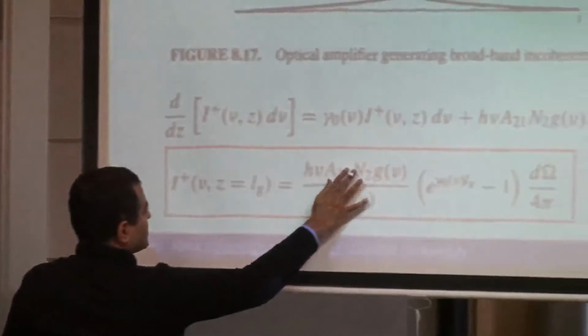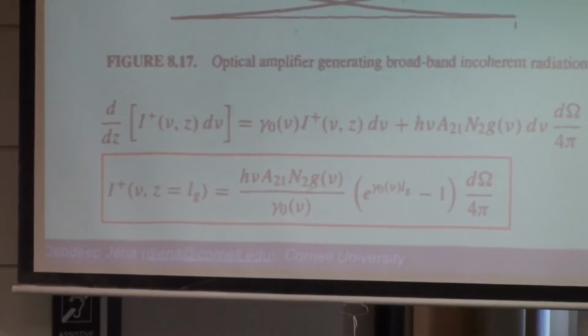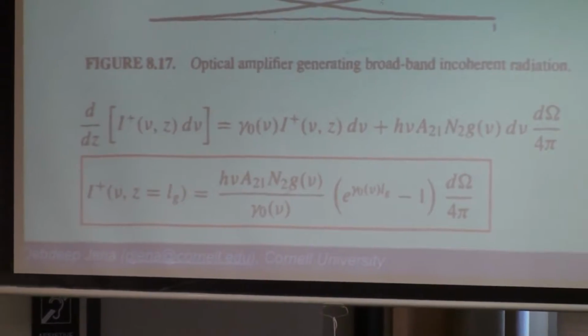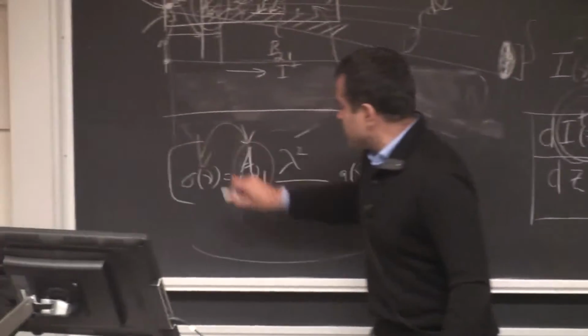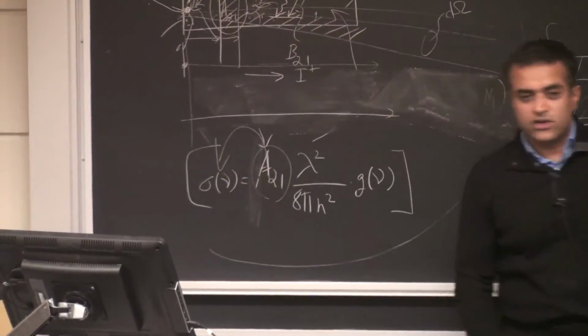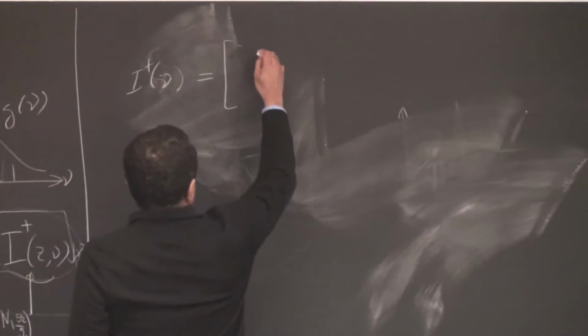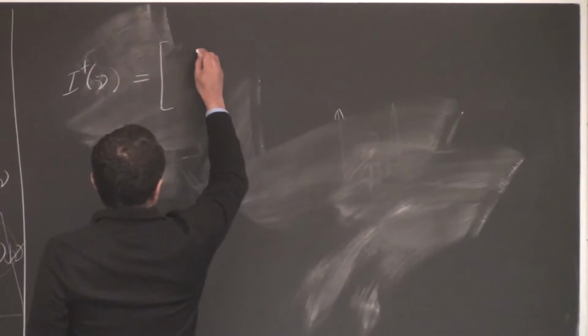I'm not going to hold the derivation, but there's this A21, and you can relate all that to your cross section. You can trade off your A21 for your absorption cross section. And after you do all that, what you will end up getting here is this formula.